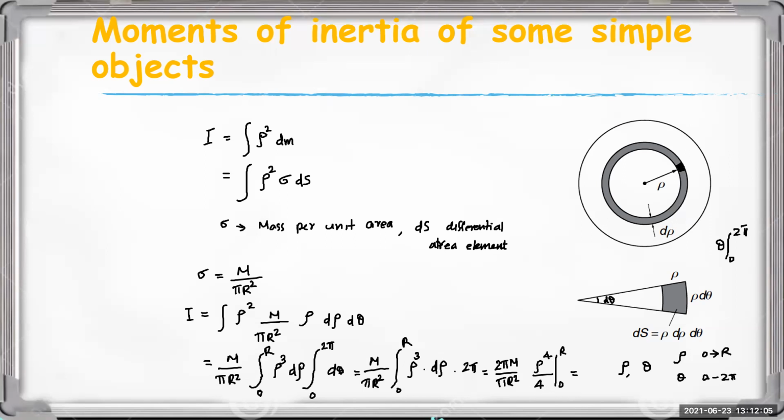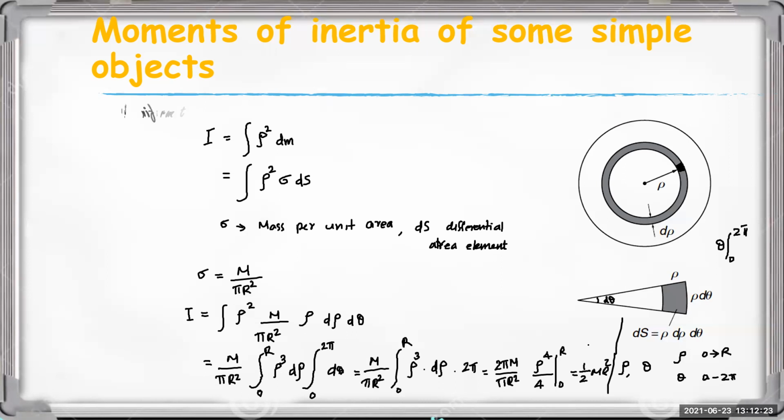Then we give the upper limit r here, then it must be equal to 1 by 2 mr square. So this is the result, 1 by 2 mr square.